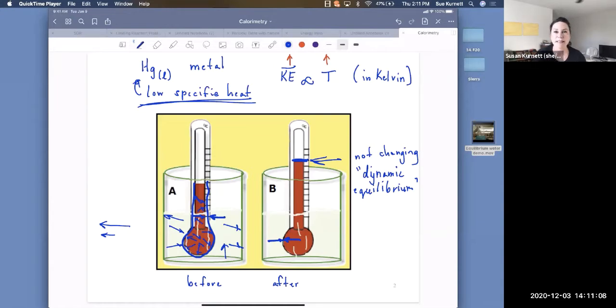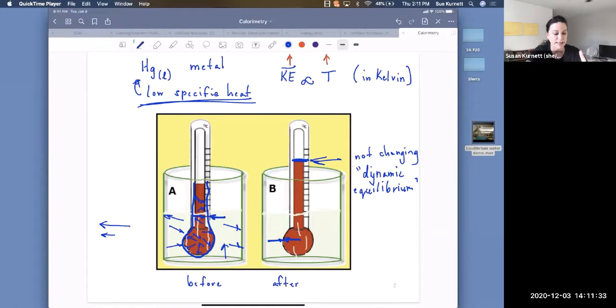But the basic idea is when it gets energy, it expresses that energy as kinetic energy, which means the temperature changes. The height of the thermometer goes up. If it had a high specific heat, that means some of the energy coming in would be saved as potential energy. So, and I'm going to talk about that more in a second, and it's important.